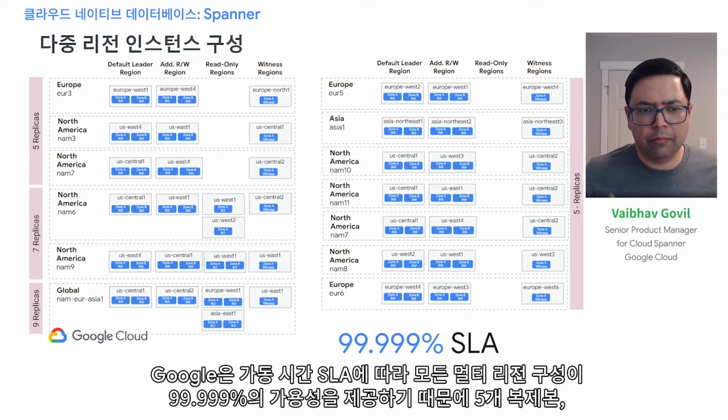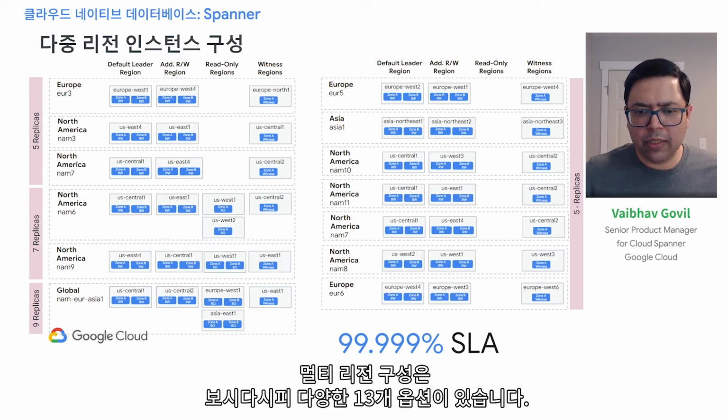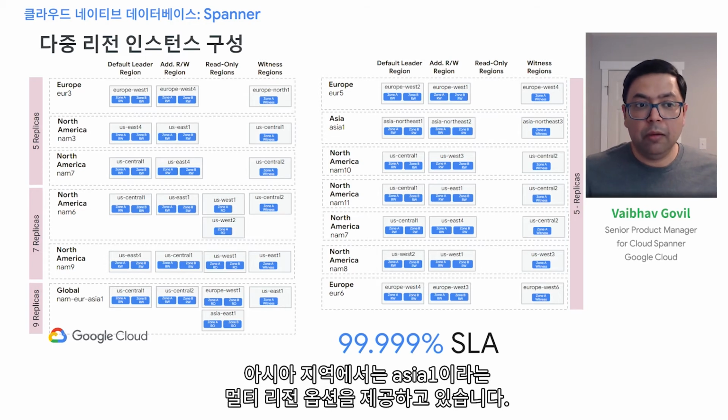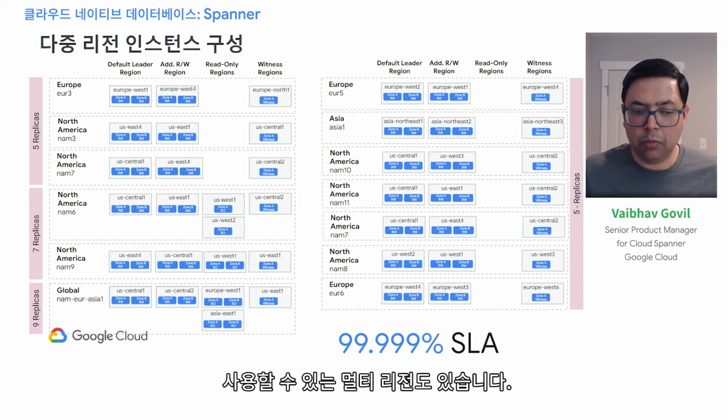The key difference between 5, 7, and 9 is just the number of read-only replicas. And you can see we have a whole suite of options which are available. We have a multi-regional option in Asia, which is Asia 1, completely Asia-only multi-region. And then we have some intercontinental multi-regions like NAM-EUR-Asia 1, which is North America, Europe, and Asia.